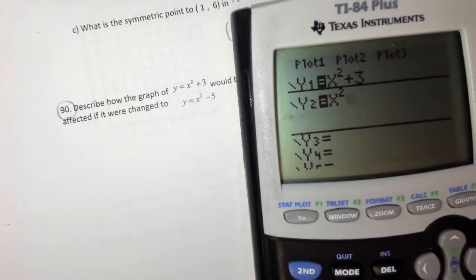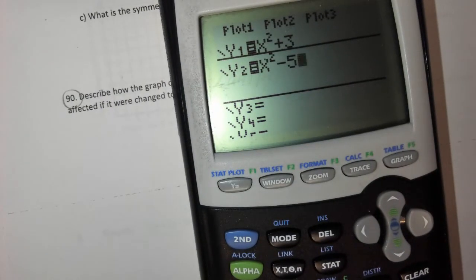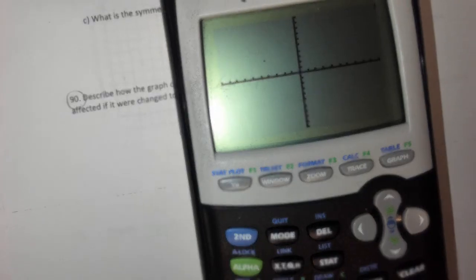So we have x squared plus 3, and x squared minus 5. Alright, so there's my two equations. I hit graph. There's my first equation. There's my second equation.